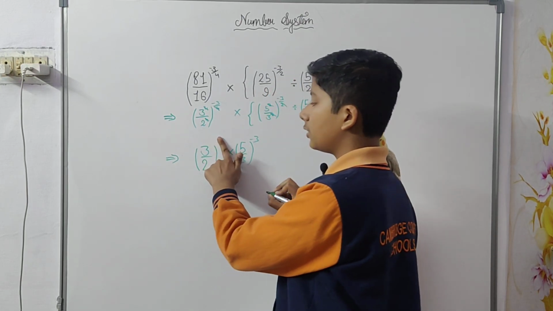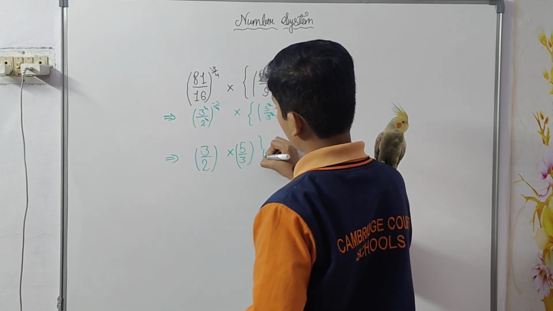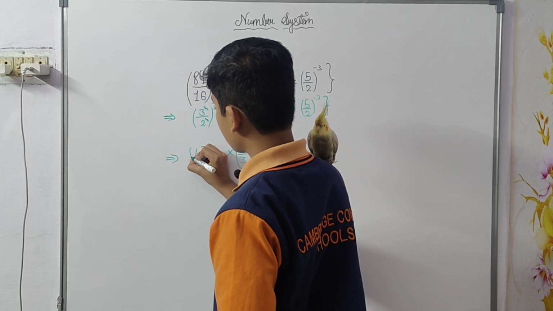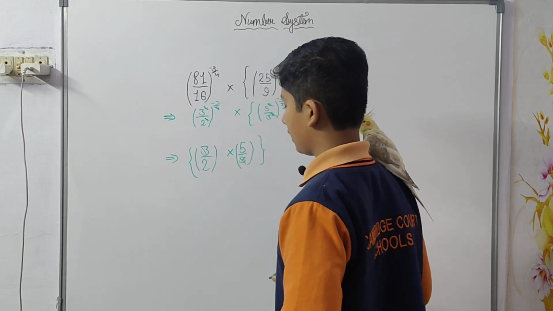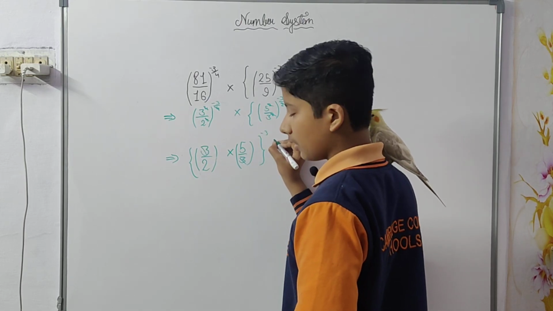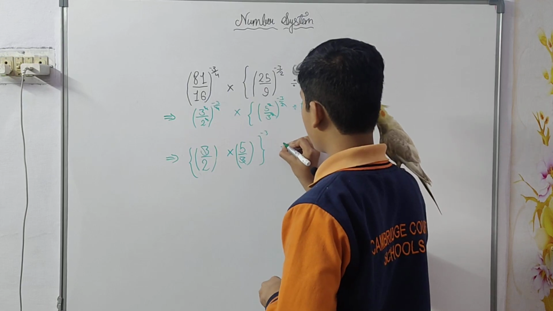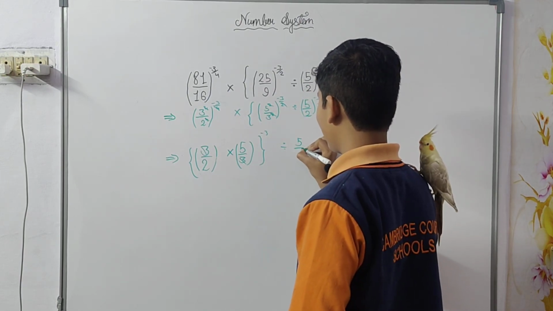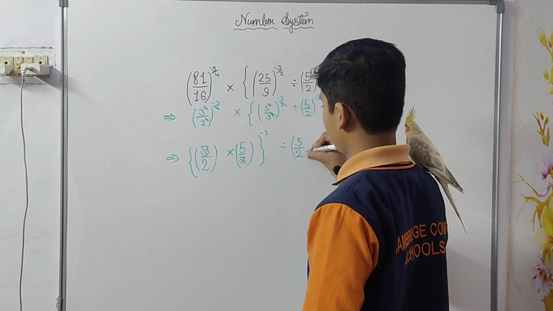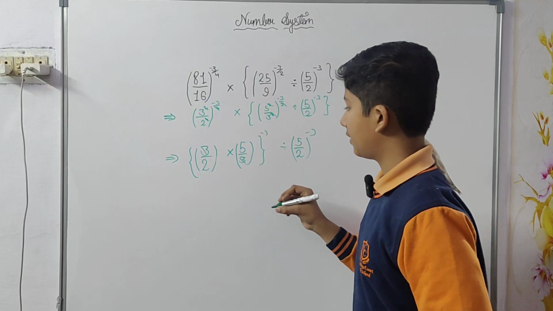Instead of this, just erase this power, make a curly bracket and cut these, multiply these, and whole power minus 3. See, these get cut. So 5 by 2 to the power minus 3 divided by 5 by 2 to the power minus 3. Minus 3 as simple.